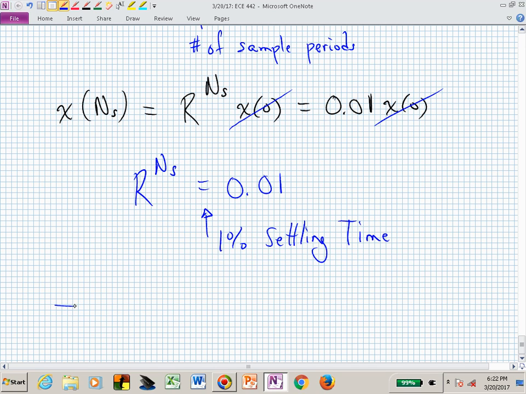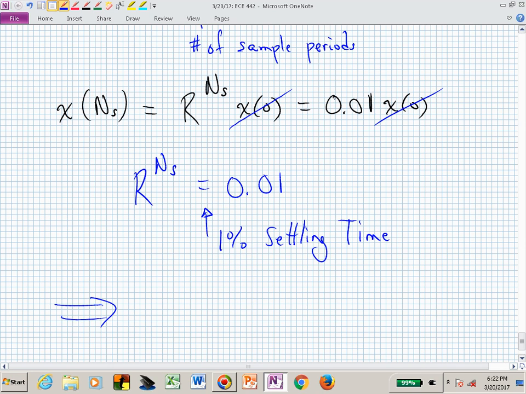If we now take the log of both sides, and this is why it's convenient to look at a 1% settling time instead of 2%, I'm sorry, not the natural log. Let's work with logs base 10 since we have a 0.01. Now we have N sub S times the log base 10 of R equaling the log base 10 of 0.01, or 10 to the minus 2.